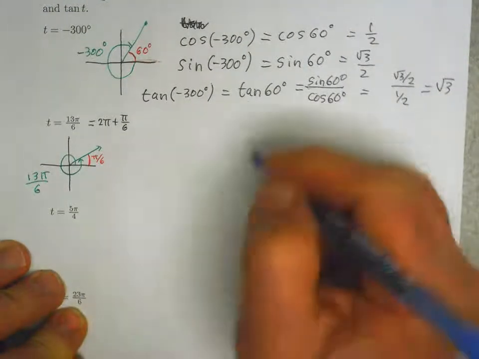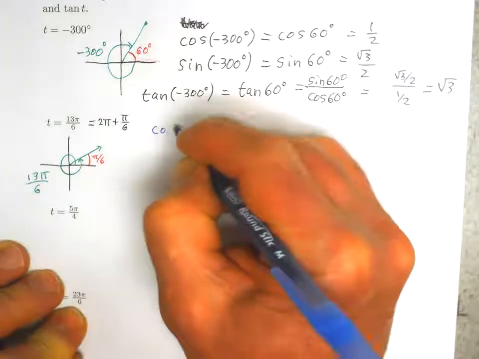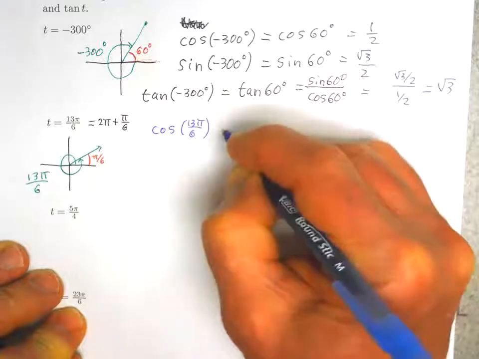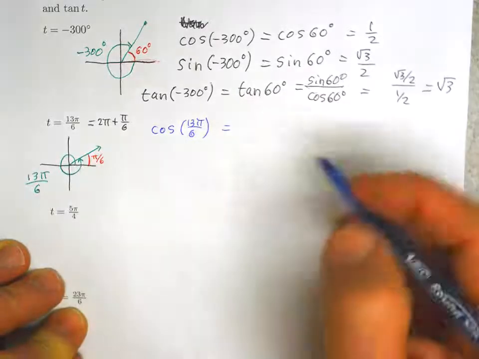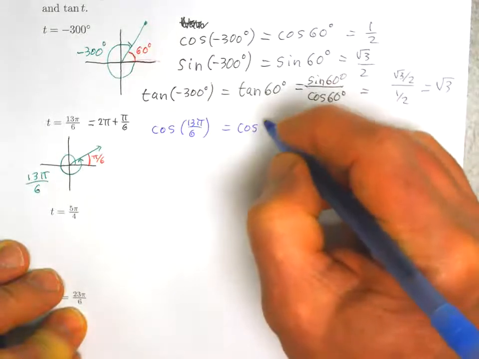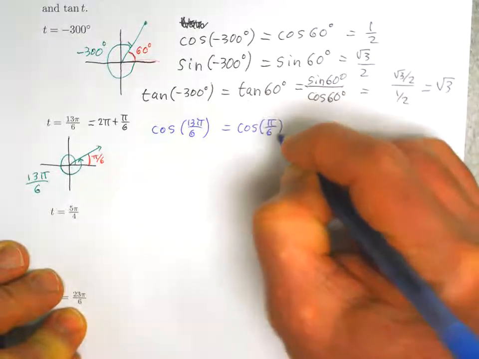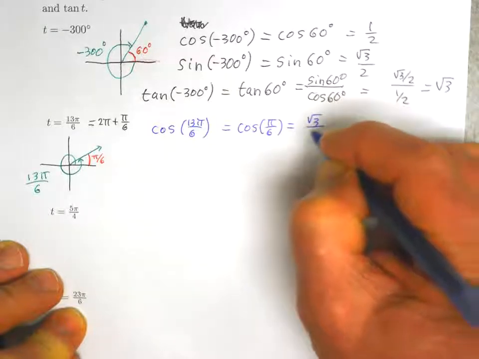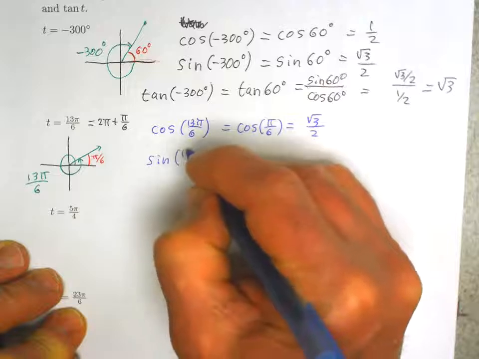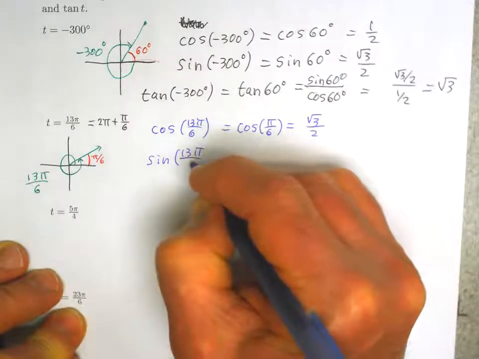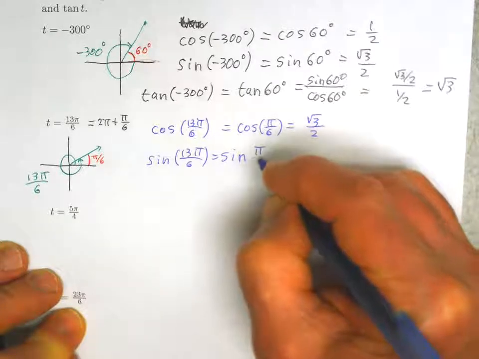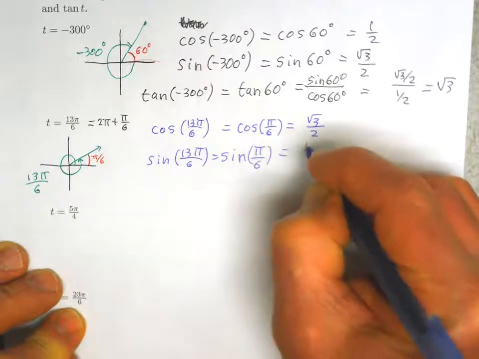Okay, so cosine of 13 pi over 6. Since we ended up in the first quadrant, cosine of 13 pi over 6 is equal to cosine of the reference angle pi over 6. And this is the square root of 3/2. And sine of 13 pi over 6 is equal to sine of pi over 6, which is equal to 1/2.